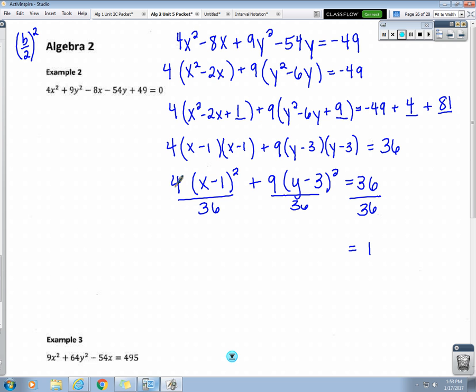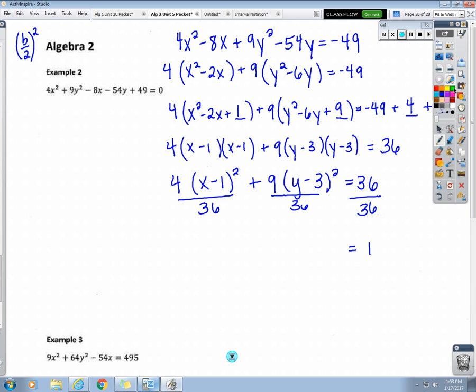So what is 4 over 36? Isn't that 1 over 9? And what's 9 over 36? Okay, so wouldn't that just end up becoming, you don't need to write the 1 on top, so x minus 1 squared over 9, and then plus y minus 3 squared over 4.